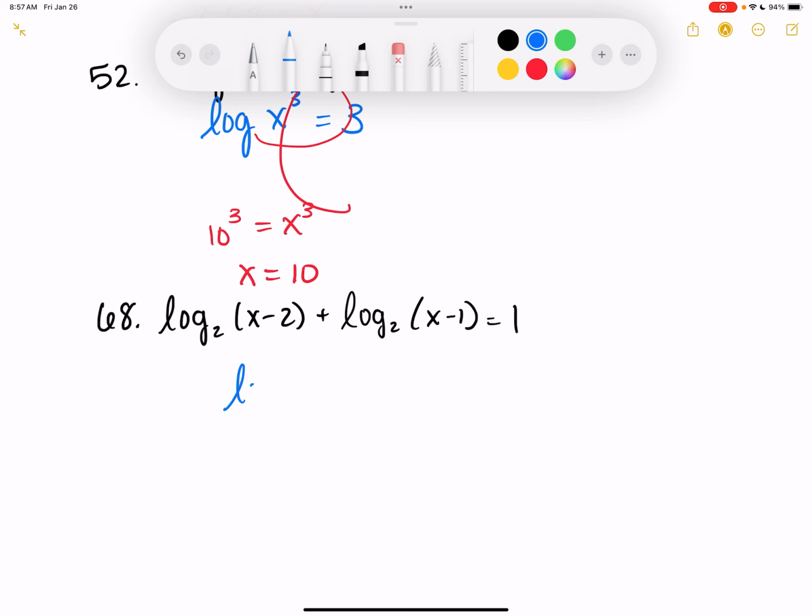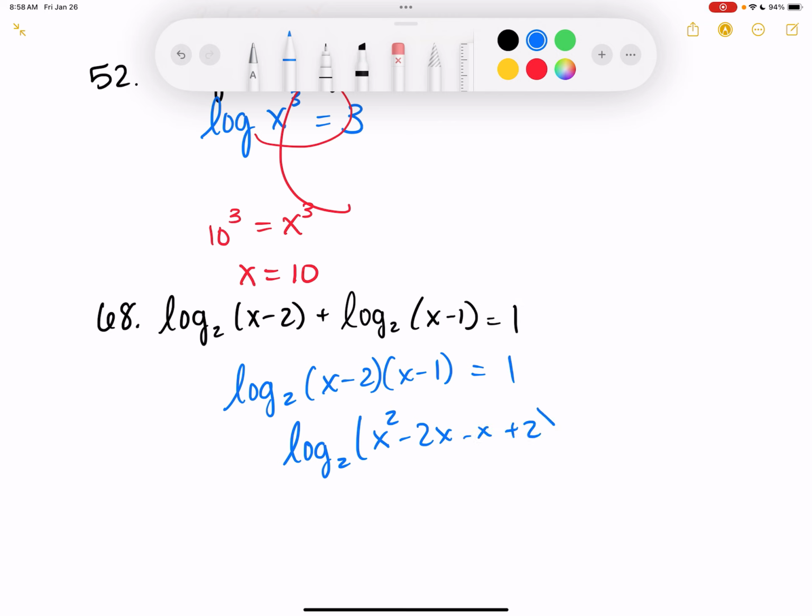So I'm going to write it as log base 2 of x minus 2 times x minus 1, first of all. So then, foiling what's in here, it's still log base 2. I'm going to put it in parentheses just because it's a lot happening in there. So that's going to be x squared minus 2x minus x plus 2 equals 1.